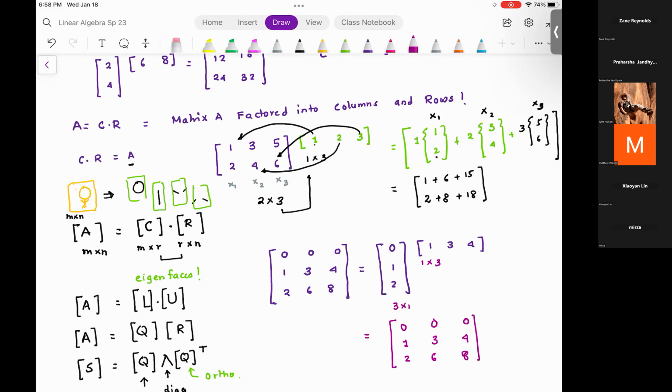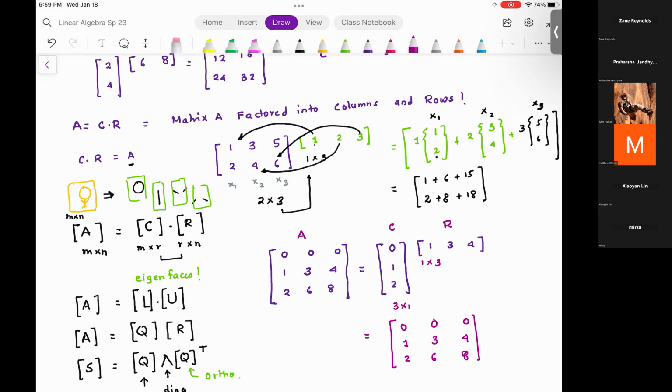So please understand, what I have done is I have this matrix A. This matrix A was represented as one column and one row.